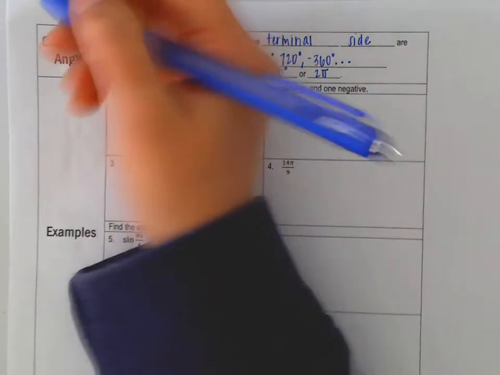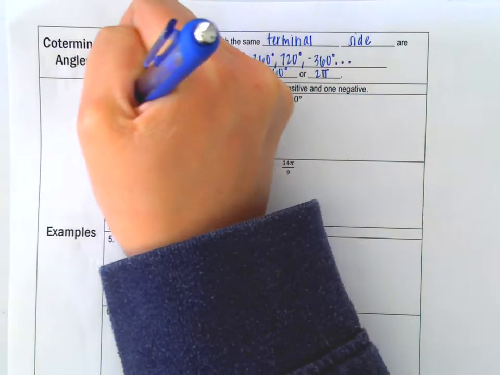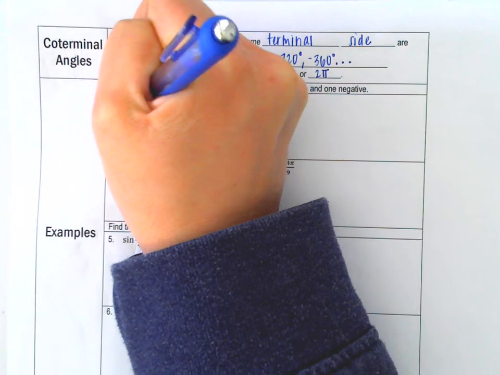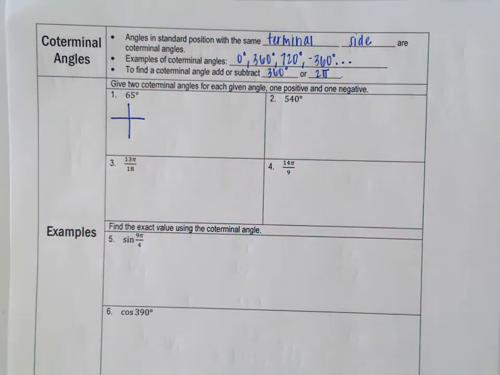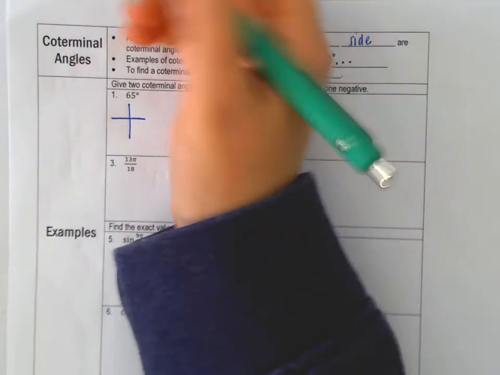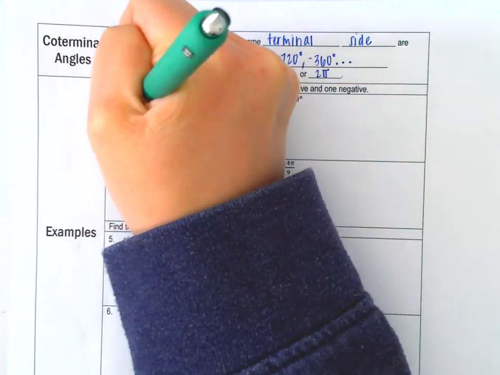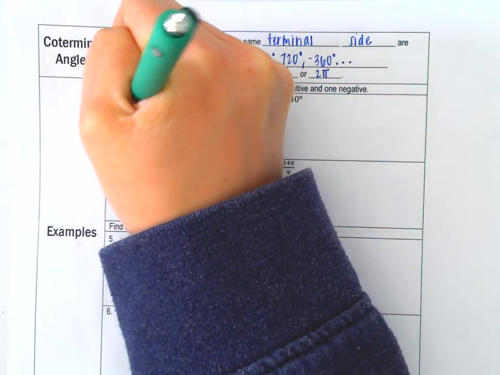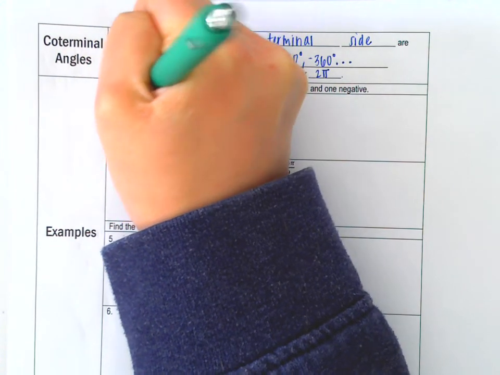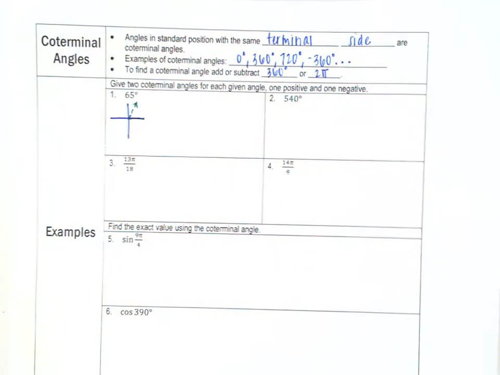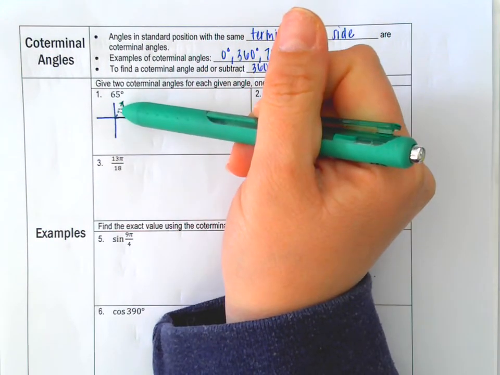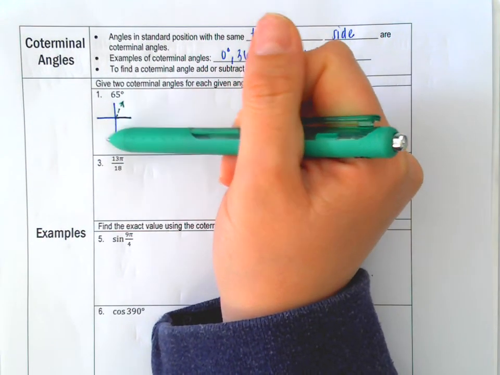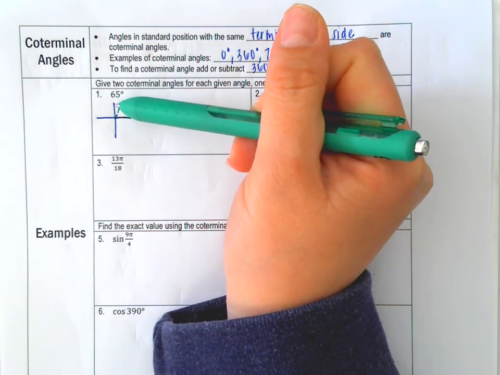Now, if we were thinking about where 65 is on our grid, if we were to start here, 65 would be maybe there, right? So to get another coterminal angle, we'd go from 65 and add a 360 rotation.